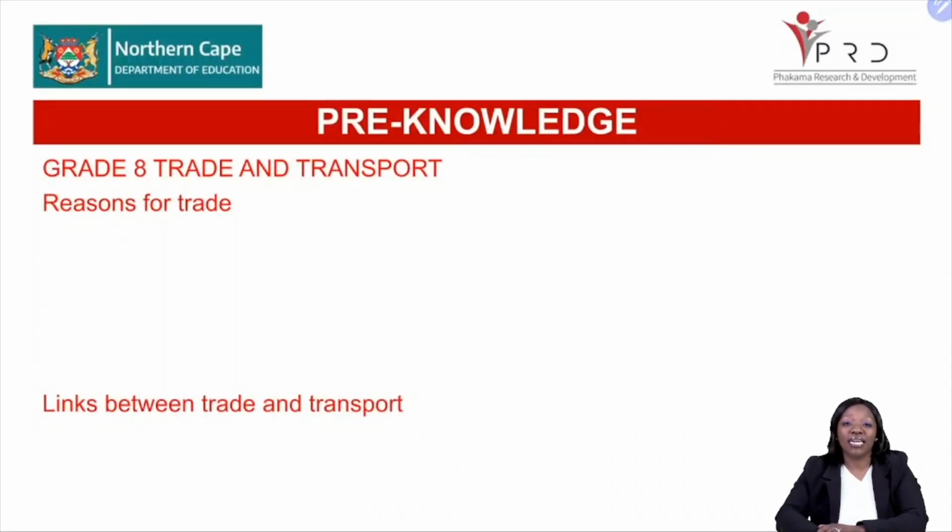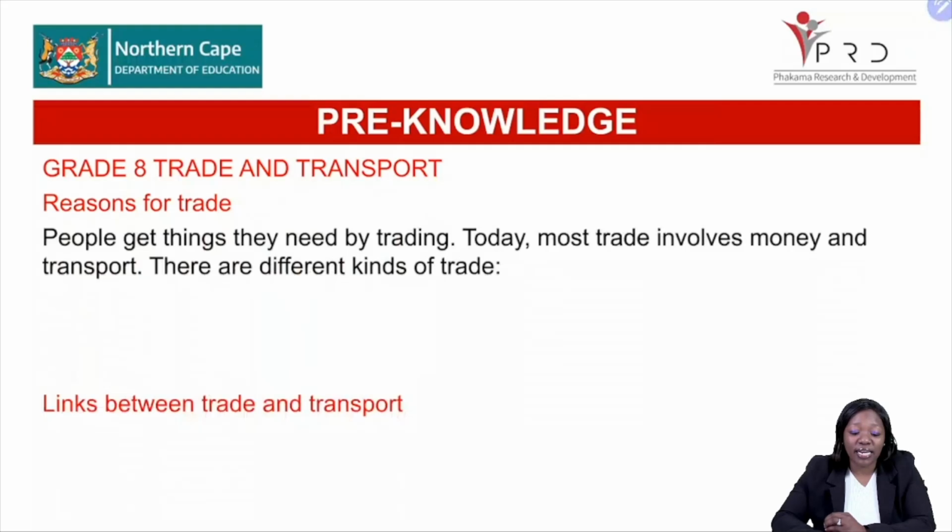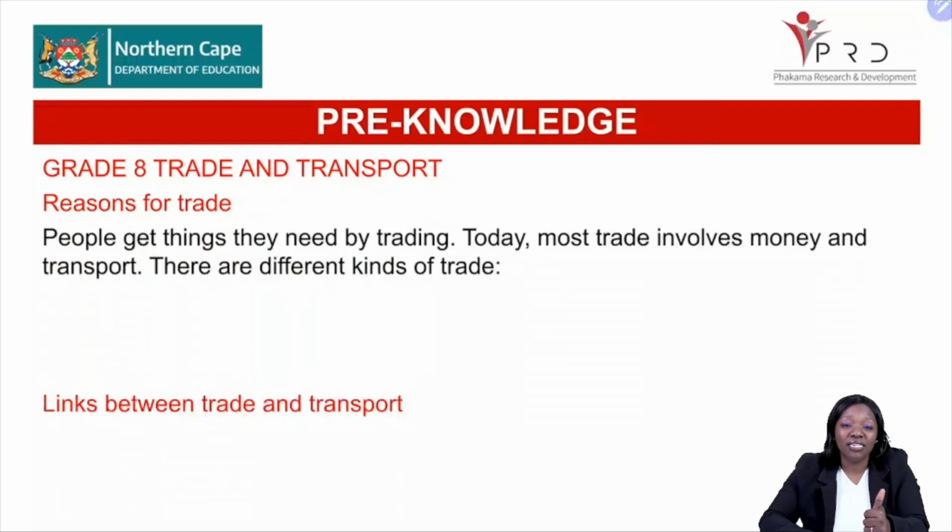You will remember in grade 8 in social science when we were learning about trade as well as transport. There was a reason for trade as well as links between trade and transport. Hence today we are looking at South African industries, which are linked to trade and transport.